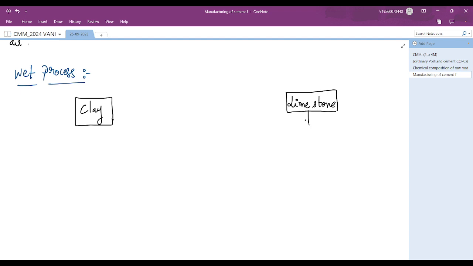So this limestone we first crush by using crushers and take into the storage basin.